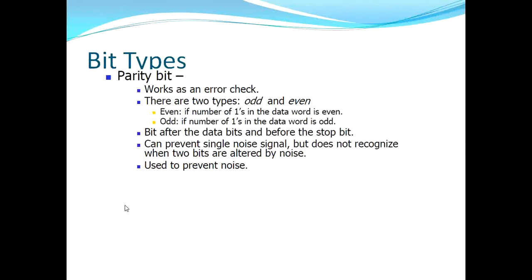Parity bits are used most of the time for error checking. There are two types of parity bits, odd parity and even parity. Parity bits are used for error checking and to prevent noise.